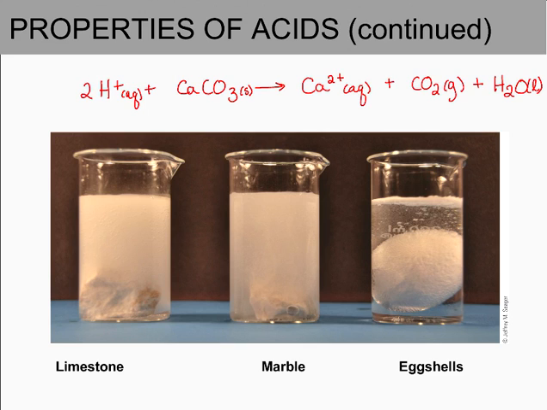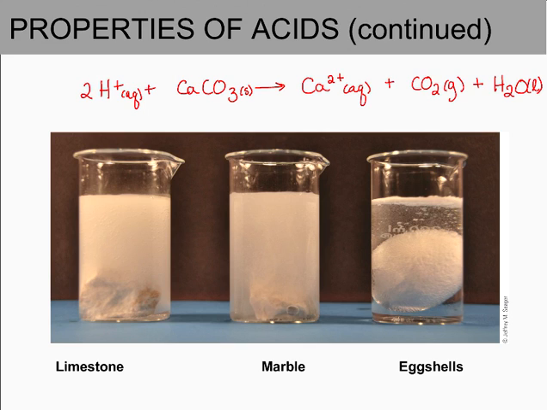If you've ever heard of acid rain, it is produced as an effect of pollution. So rain becomes a little bit acidic due to pollution and other sources. And if the rain that comes down is acidic, it can have an effect on statues over time. It can have an effect on limestone over time.